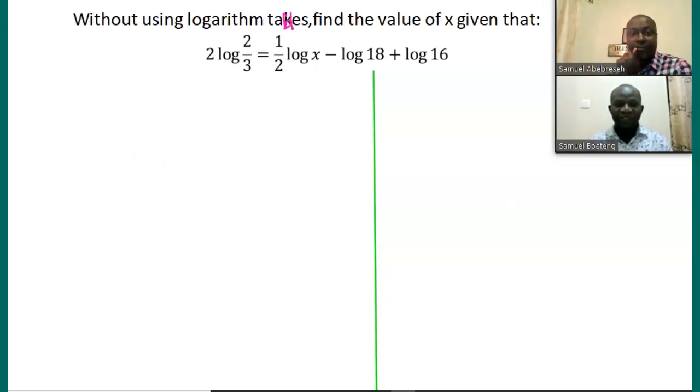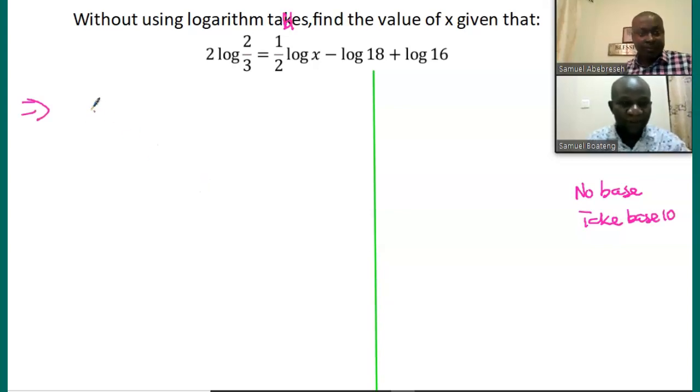Now looking at the equation, it seems there's no base. And in our previous video, I told you that if there is no base, we assume that it is in base 10. So this is in base 10. So let's apply the laws.